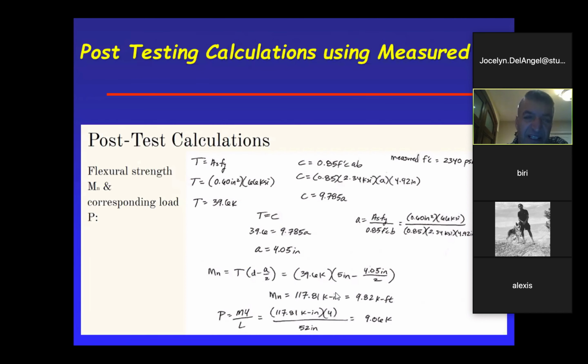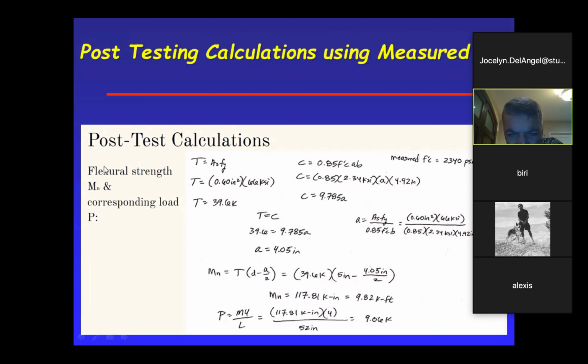Then here you go. This is the post calculation. And then again, they're shown here also, and they're shown also in the other presentation. So everything is the same. The only thing, look, F prime C is 2340. So follow that, and then you will get your value P from there.